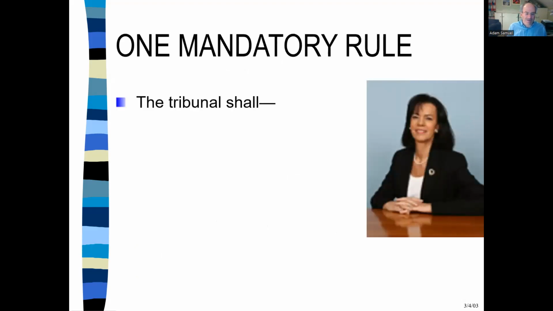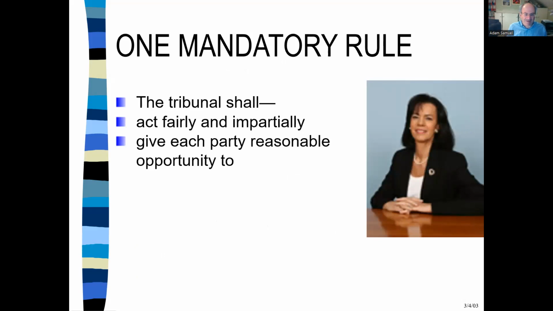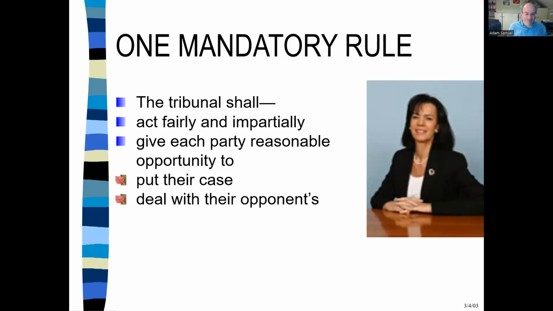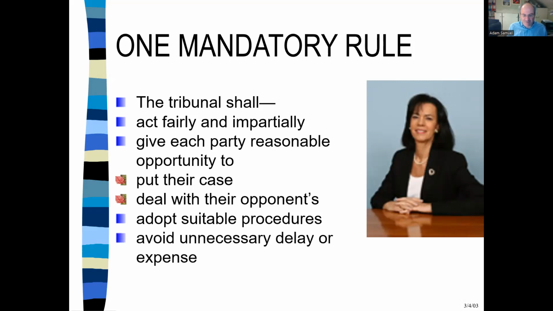But always remember the key total absolute rule. You cannot waive the right to a fair hearing, but the tribunal is also required to adopt procedures to avoid unnecessary delay or expense. That's written into the ICC rules. And frankly, it should be written into everybody's rules.